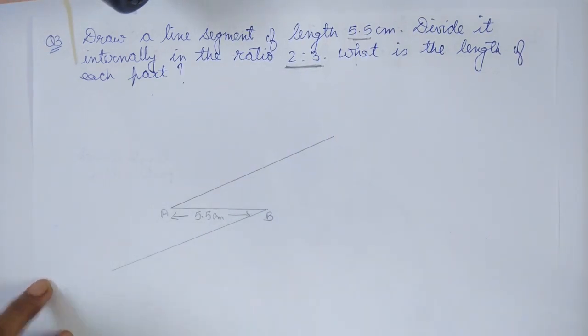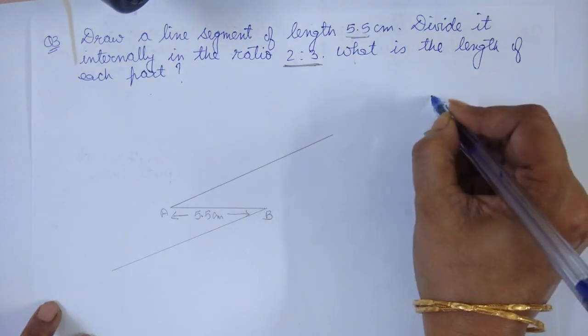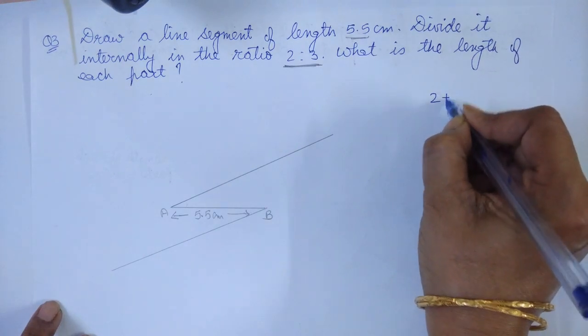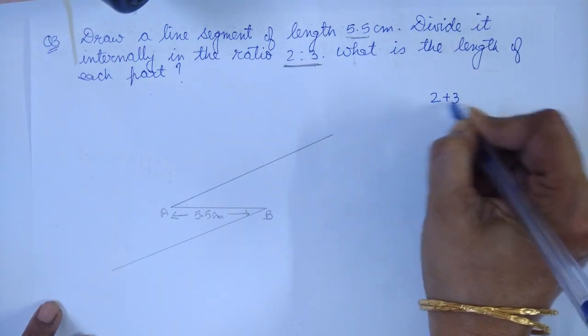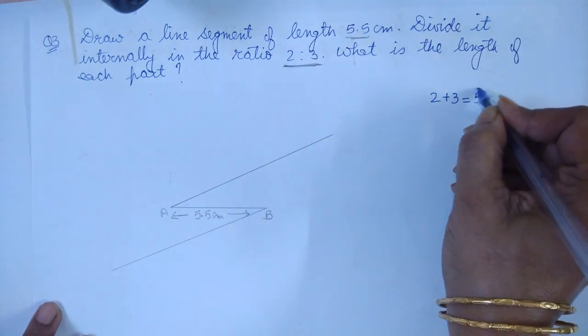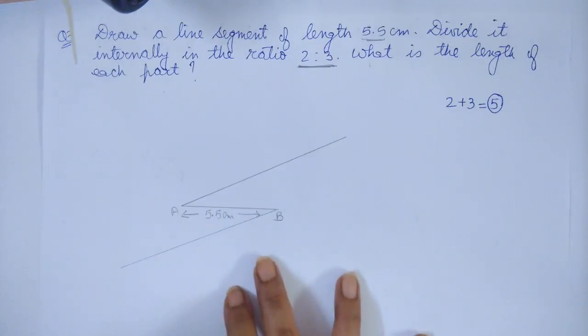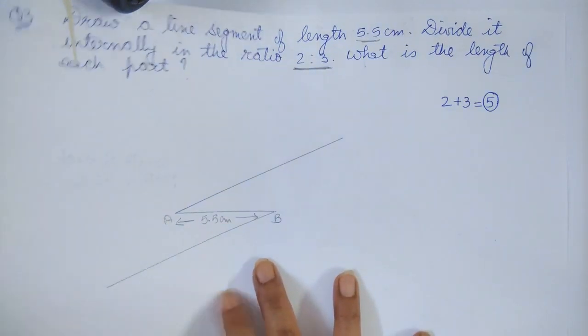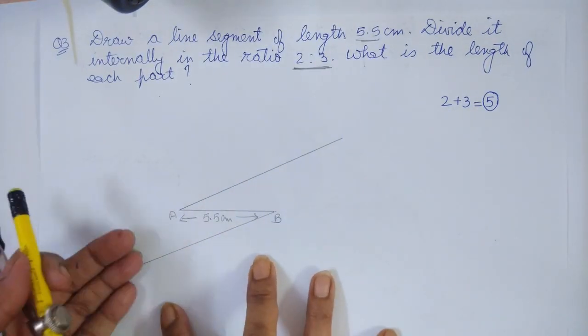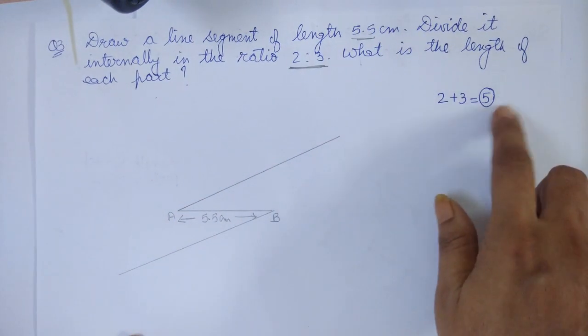So, what we will do here, we will take the ratio as it is given, 2:3. So, we will add these two ratios together, then it will come as 5. So, in this question, you will divide this line in 5 equal parts.